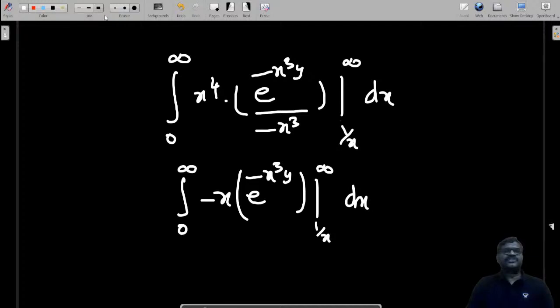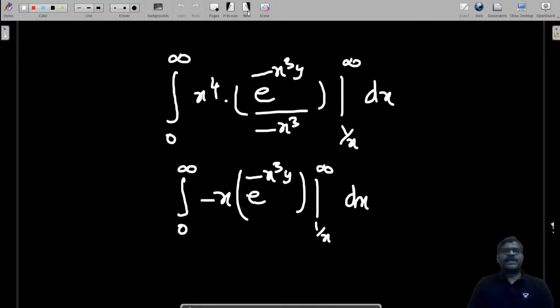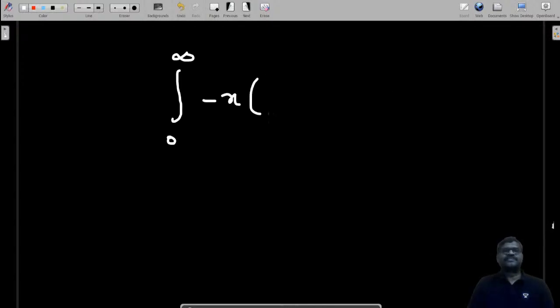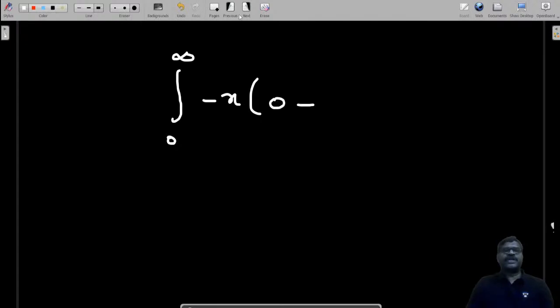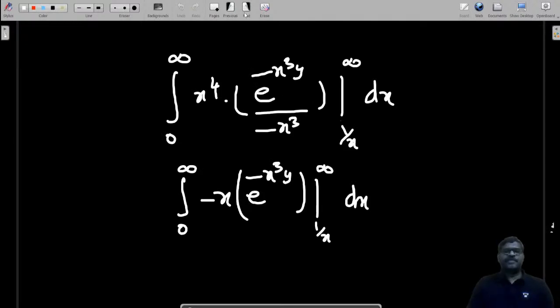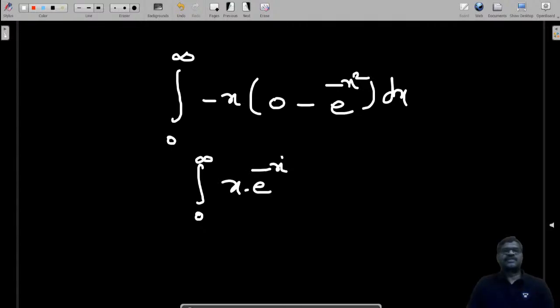Integral 0 to infinite, minus x, e power minus infinity is 0, minus e power minus x cube by x, e power minus x square. Integral 0 to infinite, x into e power minus x square dx.